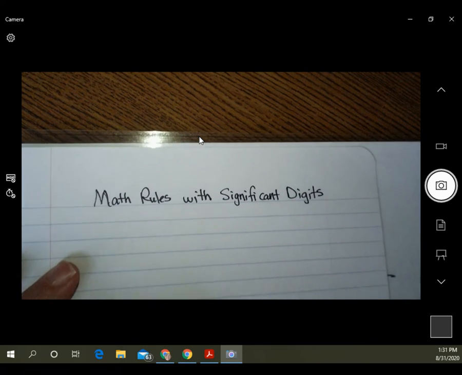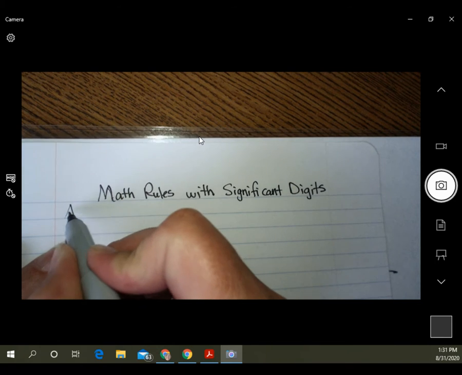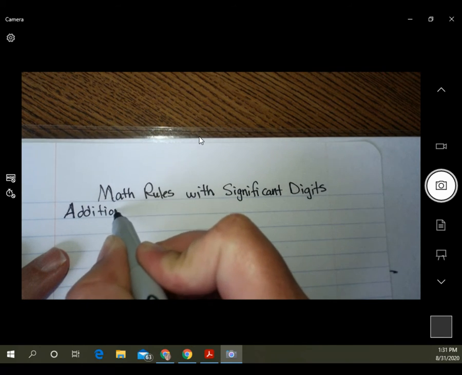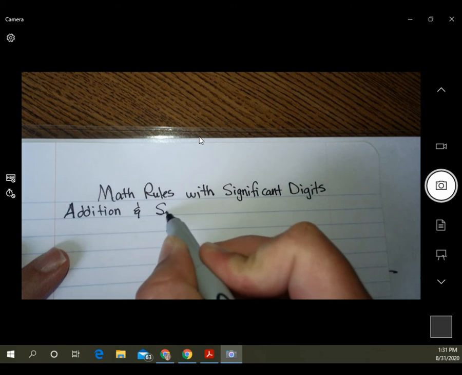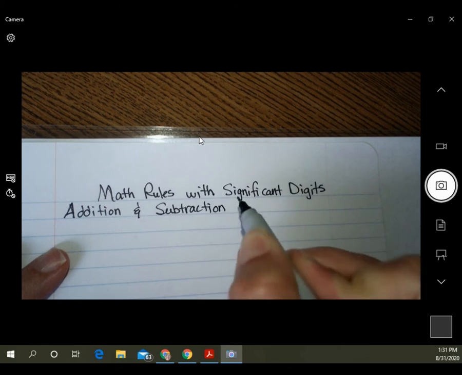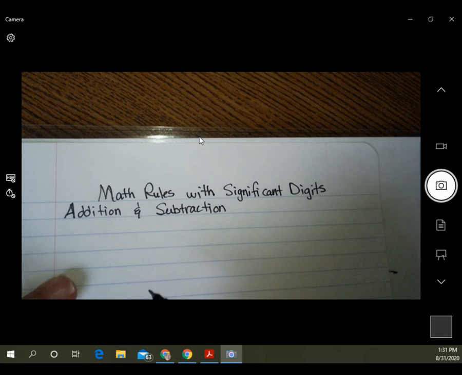So I'm going to start with just the rules and then we'll start with some examples. So addition and subtraction have the same rules.